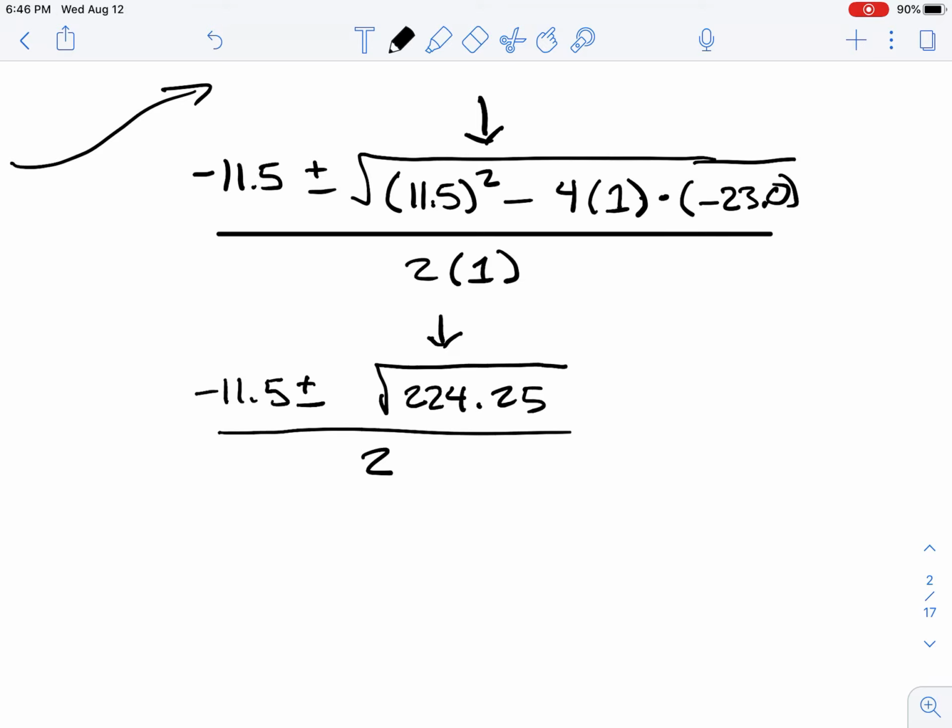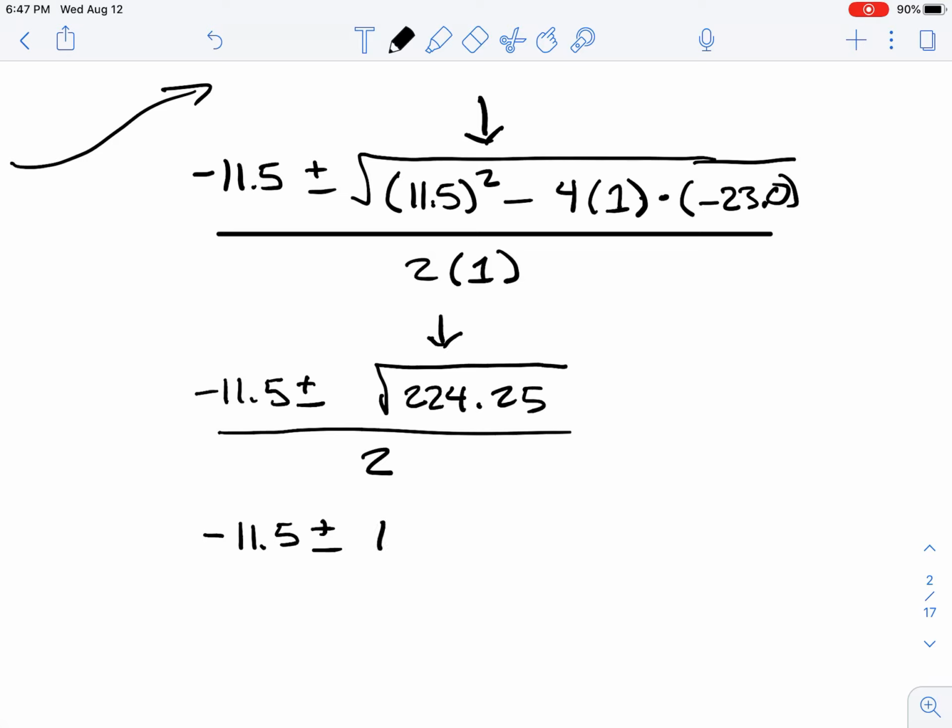And so if I take the square root of that, I get negative 11.5 plus minus 14. In terms of sig figs, I'll just carry 3 sig figs.